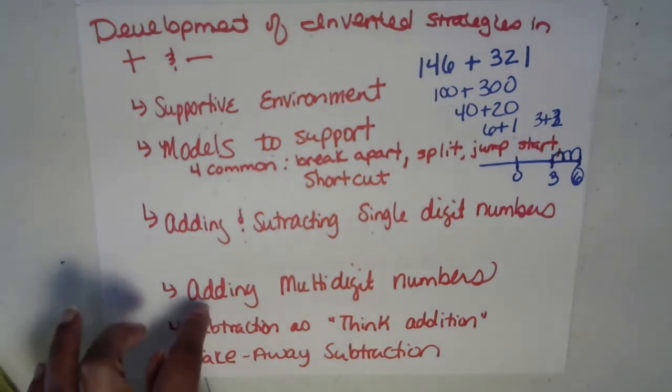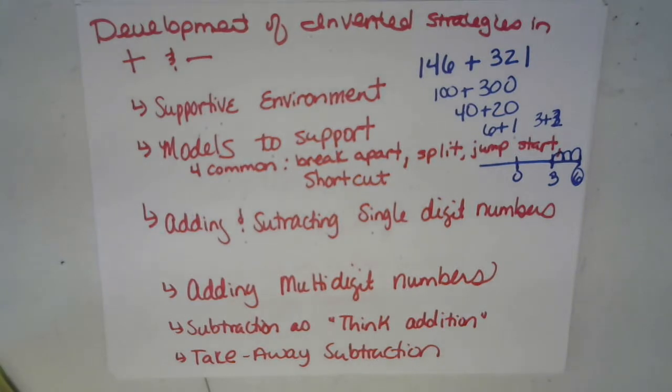Adding multiple digit numbers. The development of fluency with multiple digit addition and subtraction begins in grade 1 with the addition of multiples of 10 and continues through grade 4, when students are expected to fluently add and subtract multi-digit whole numbers using a standard algorithm.